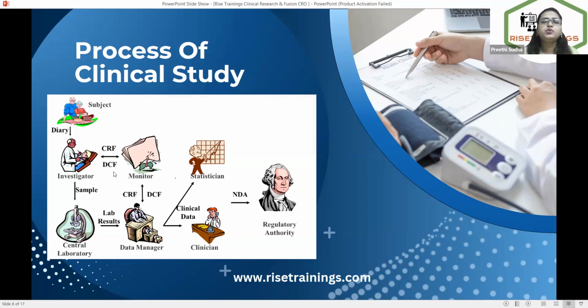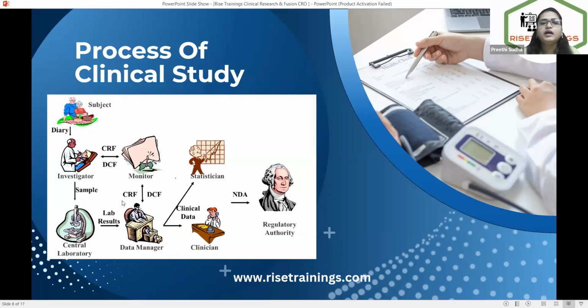Okay, so in these two forms, they'll note down the data and secure the data, and they will also collect the blood samples or whatever samples are needed for the further observational studies, and the data from this lab test and this CRF and the data clarification forms.